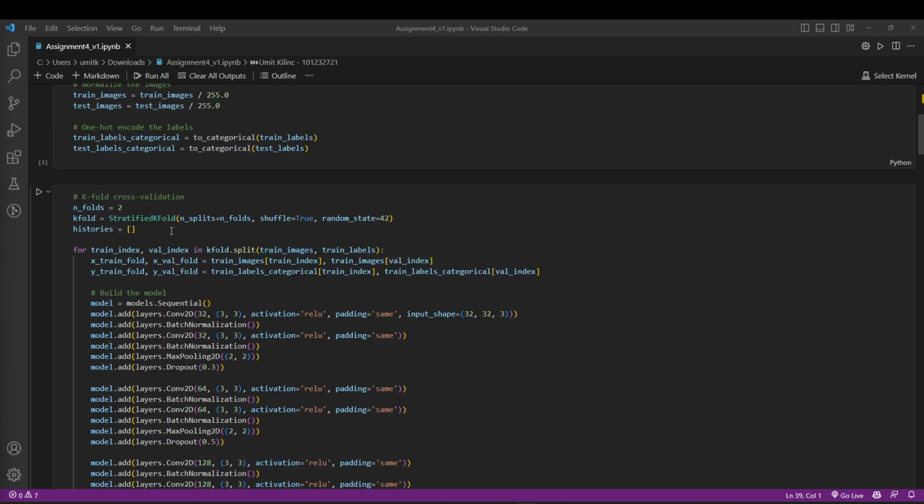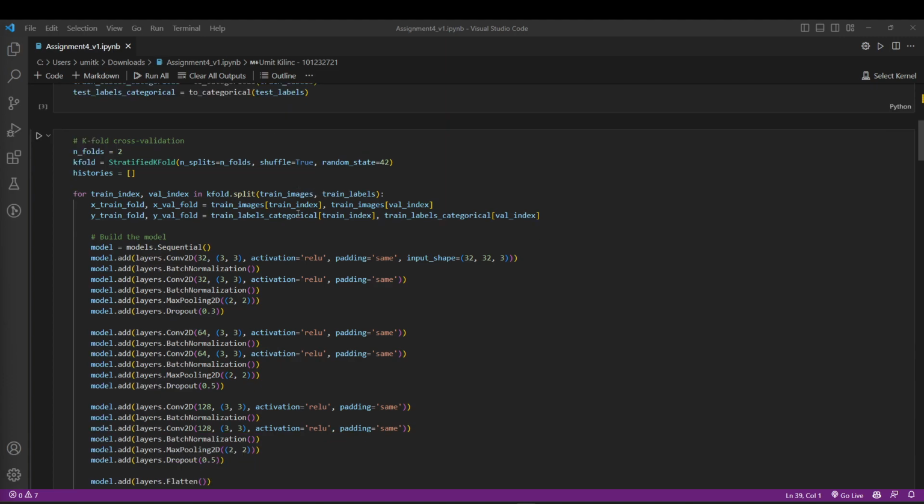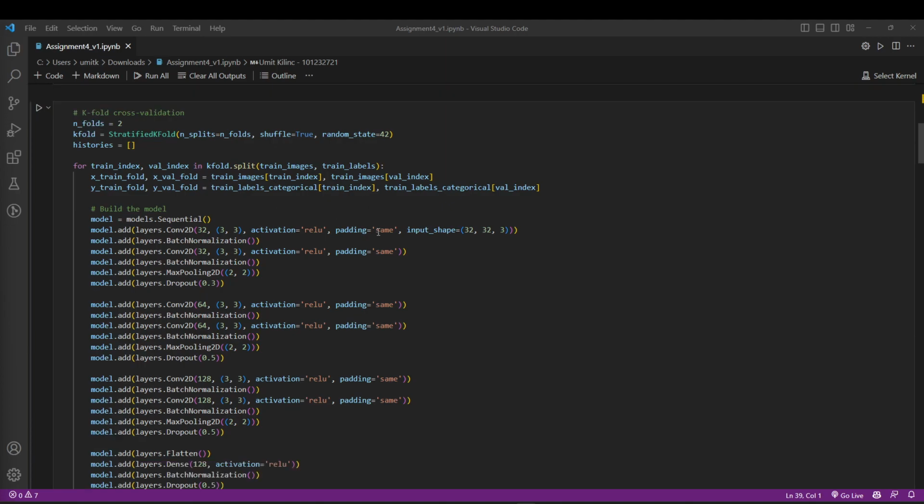Stratified k-fold is used to create two stratified folds, and it ensures that each fold has a similar distribution of class labels. And then the for loop iterates through the two folds. For each fold, the training and validation indices are obtained.